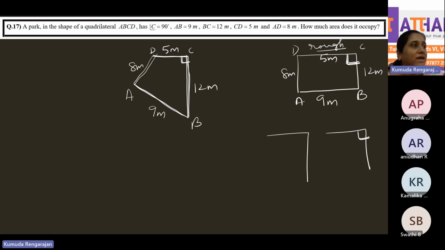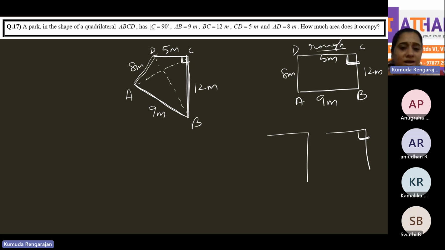AC and BD are the 2 diagonals of this quadrilateral. See, this is one diagonal. BD is a diagonal. AC is a diagonal. We have come across the term diagonal. So AC is a diagonal, BD is another diagonal.